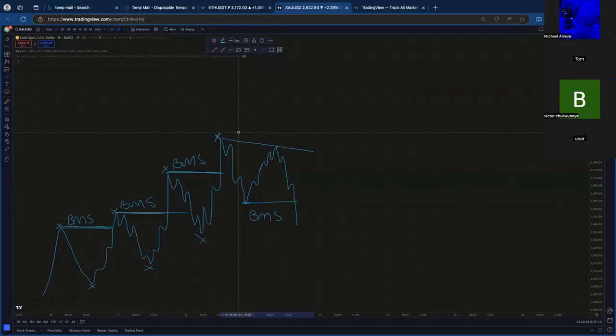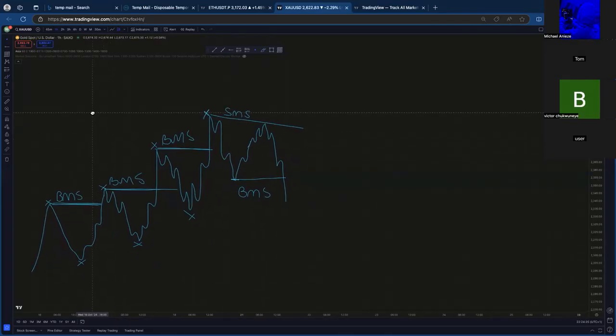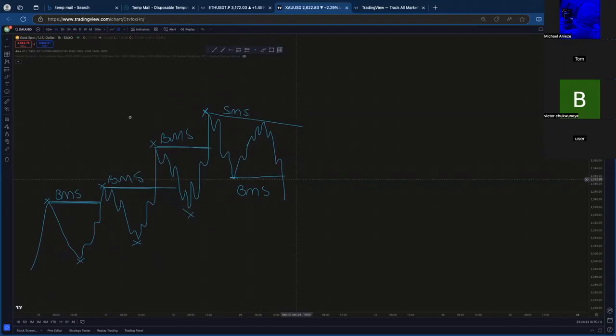You can call this SMS. I hope you understand. Now, if this right here is shift in market structure, that means price is giving us a sign that we are changing trend.